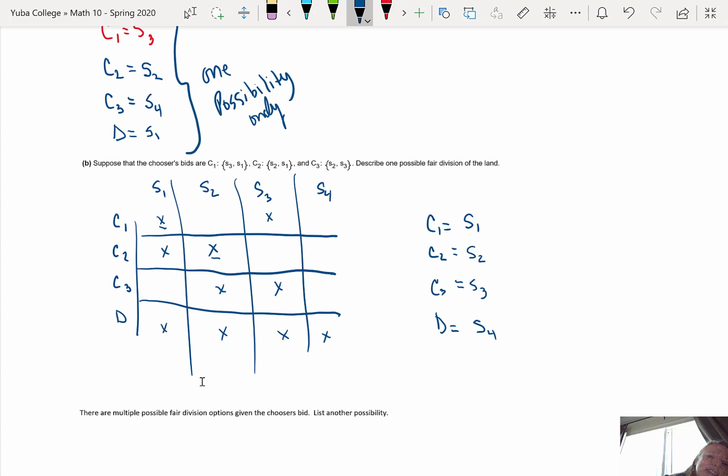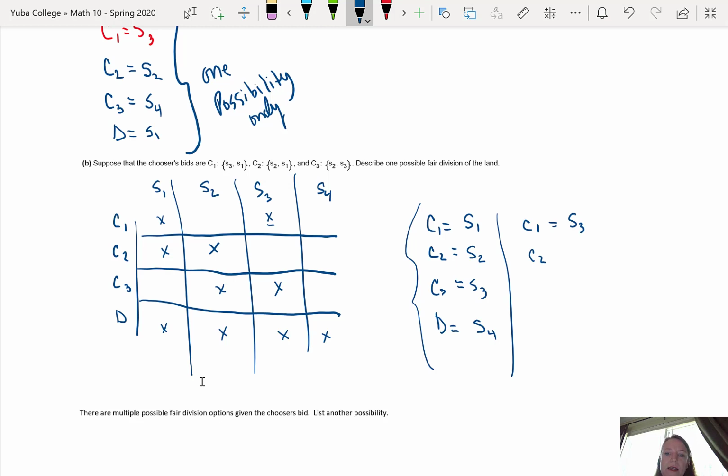Okay, so let's say we did this a little differently. See if we can find a different case. So there's one possibility. Chooser 1, well, if they didn't get S sub 1, they would have gotten S sub 3. So if they got S sub 3, C sub 2, it doesn't really matter. Let's see though.